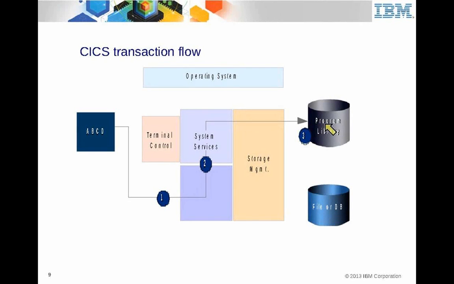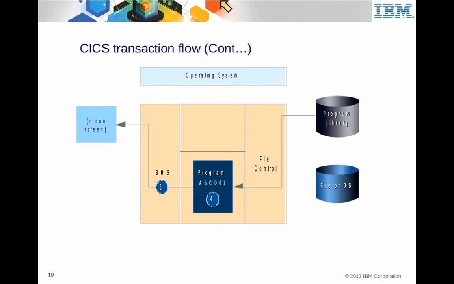And it actually would go to a program library. What's it doing going to the program library? The transaction ABCD, the CICS definition knew that that's associated with a program called ABCD01.